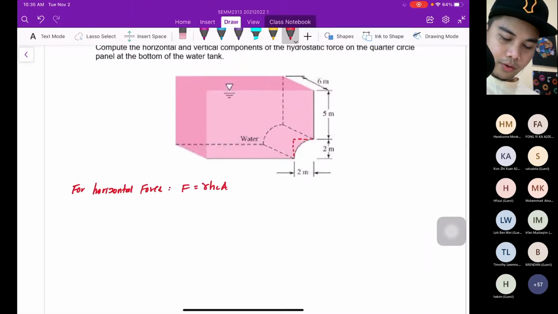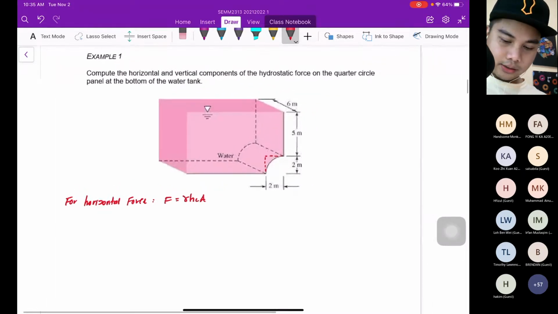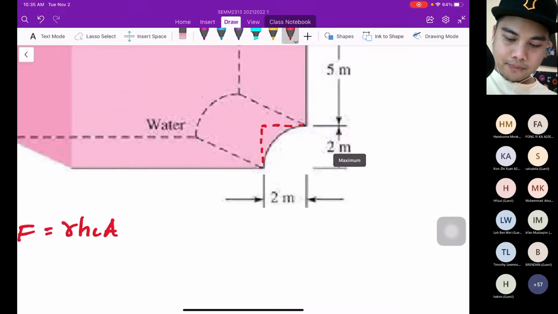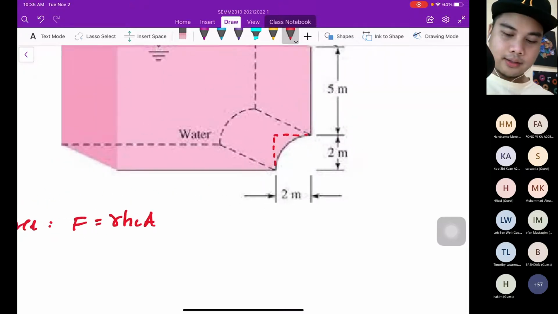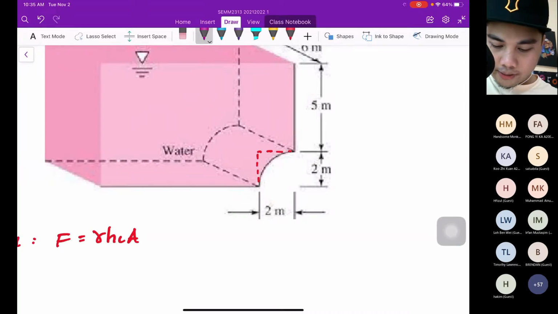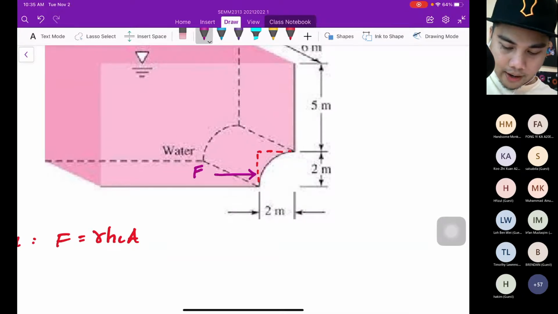So from here, how to get the HC? When we want to solve the horizontal force, where is the horizontal? What do you think? This one, right? This is the horizontal force, which is F horizontal, or Fx, or FH.